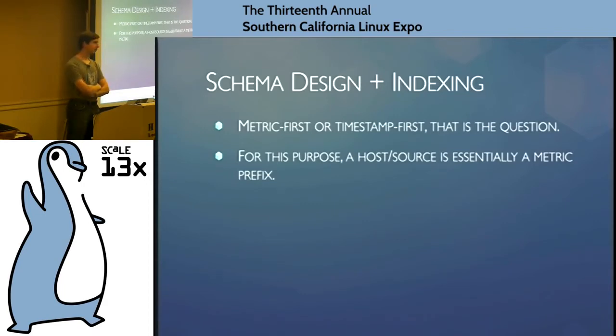And the cost of indexing is very real. At scale like this, the cost of indexing adds a lot. It adds a lot of disk storage, and if you're going to index our data again by a different dimension, like if you're going to store it clustered timestamp first and then index it metric first, or store it clustered metric first and then index timestamp first, you're basically going to duplicate the space and the time requirements due to the indexing.